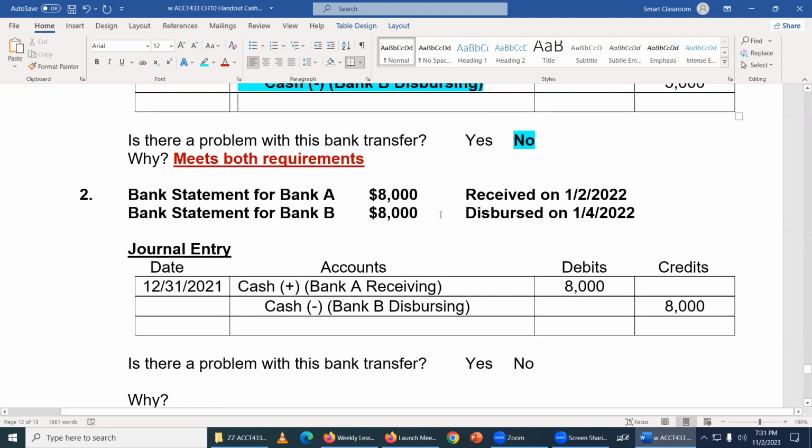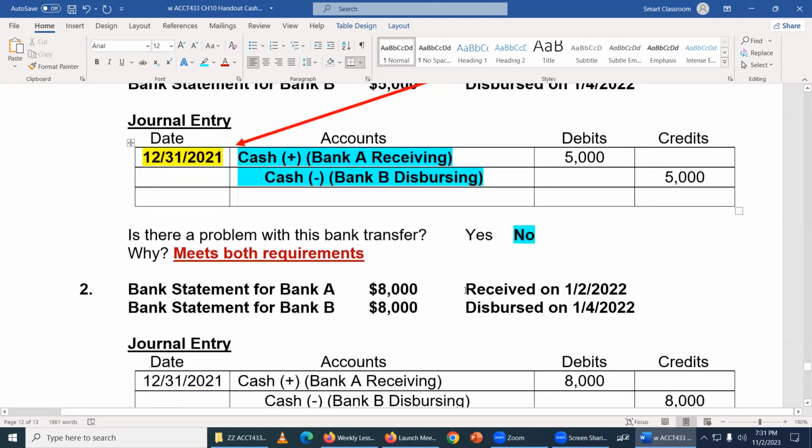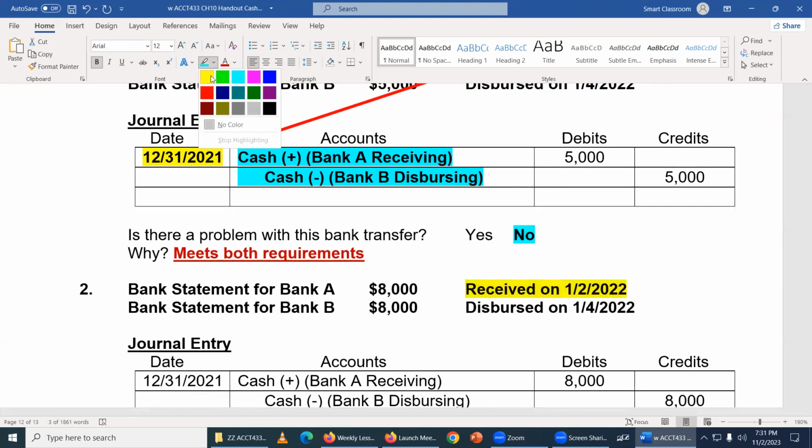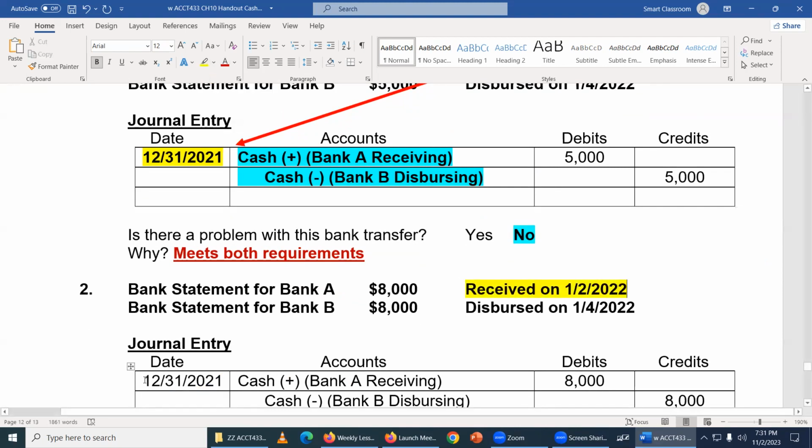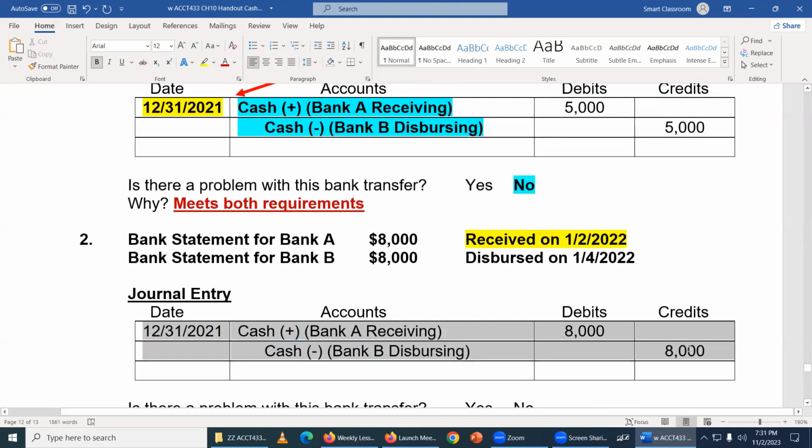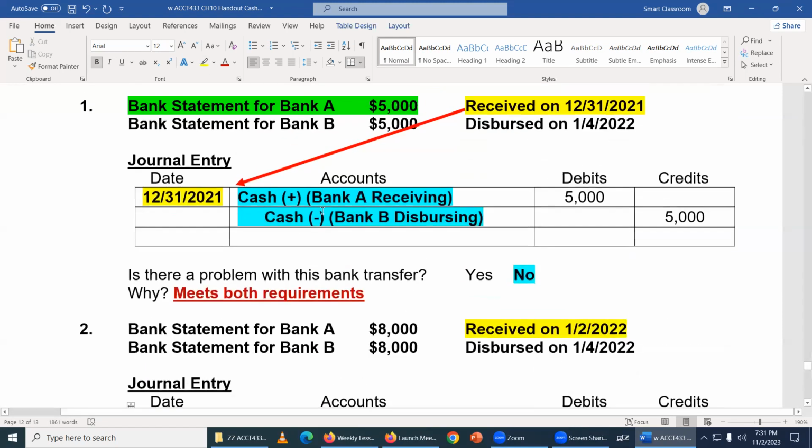Okay, let's go to number 2. Now, number 2, the receiving bank got it on the 2nd. The journal entry is on 12/31.